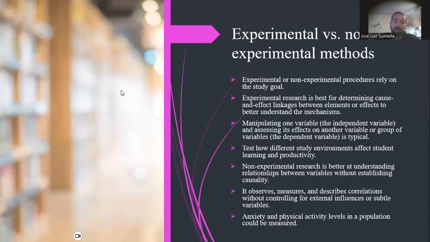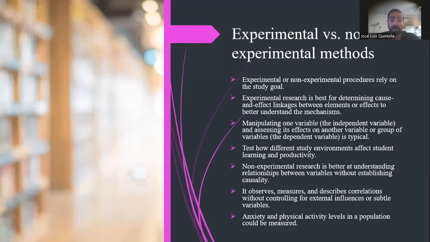Experimental versus non-experimental methods. Experimental or non-experimental procedures rely on the study goal. Experimental research is best for determining any cause and effect linkage between elements and effects to better understand the mechanism.